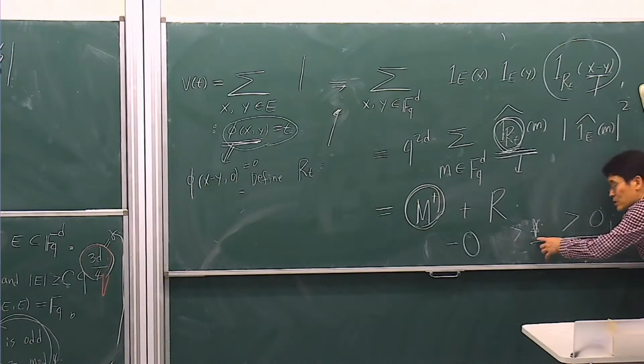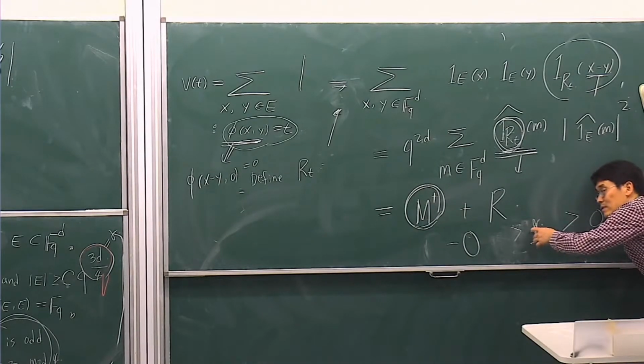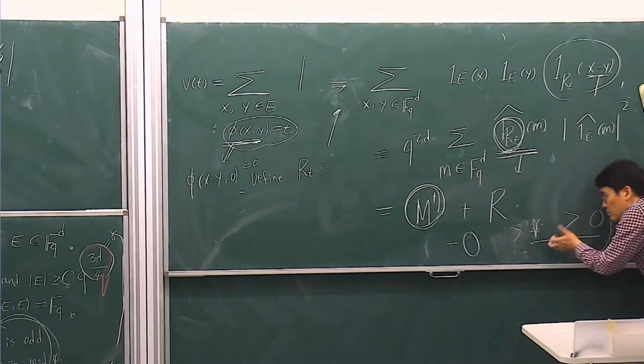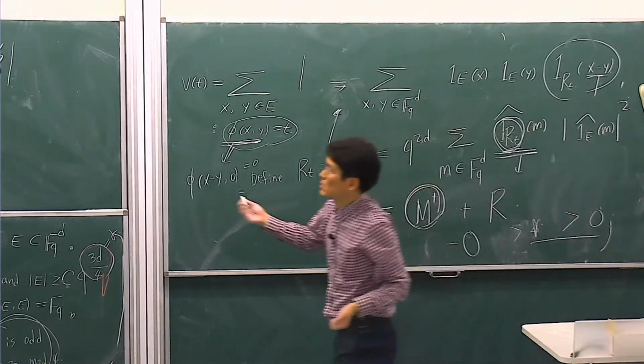Now find some size conditions such that this is true. We may get this explicit value, which is written in terms of the size of E.